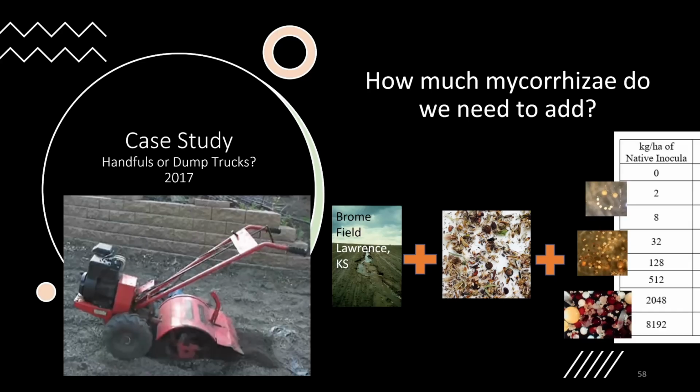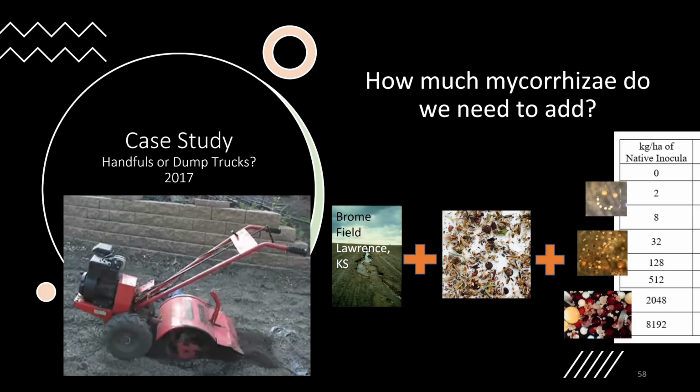So the next case study I want to show is another long-term study that I started in Lawrence right when I moved to town in 2017. This line of inquiry was thinking about if we know native AMF are probably the most important guild of soil microbes to include in the restoration, how do we do it? How much do we need? So what I did, it was an old brome field, about 20 years brome.